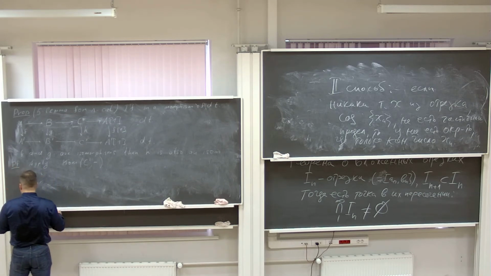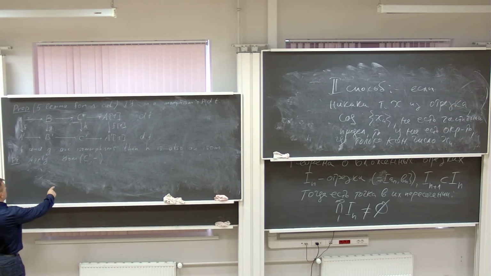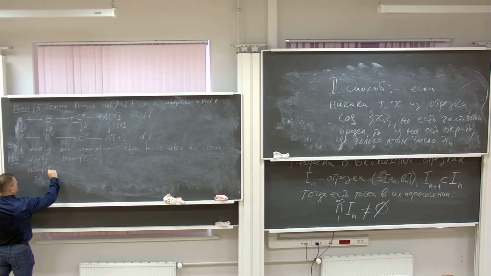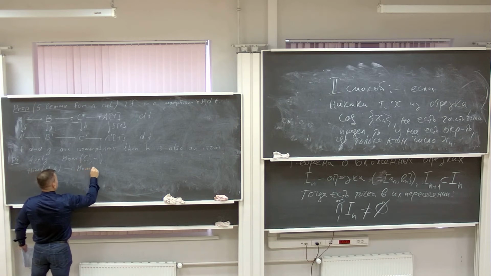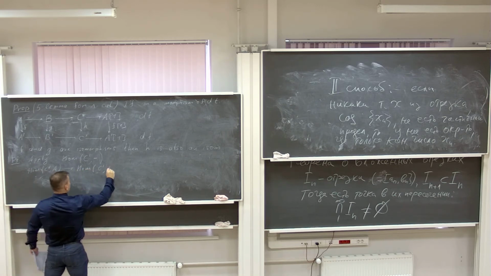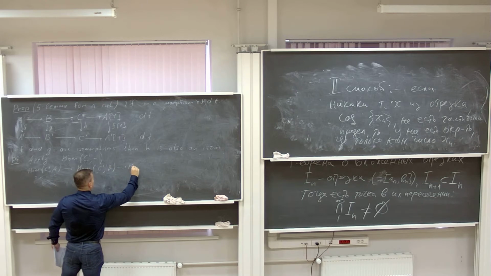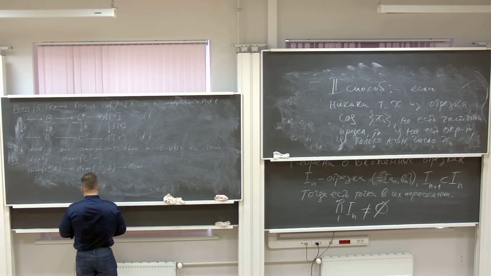What we get? Well, we know that this is a homological functor, right? So we have two exact sequences and maps between them. Maybe I just continue this to the right.